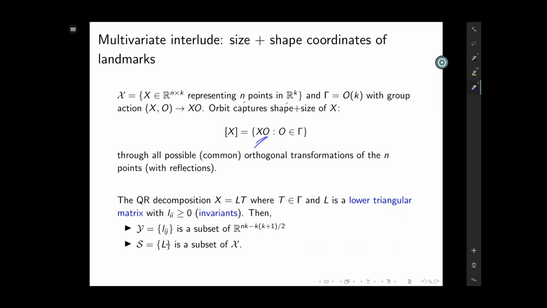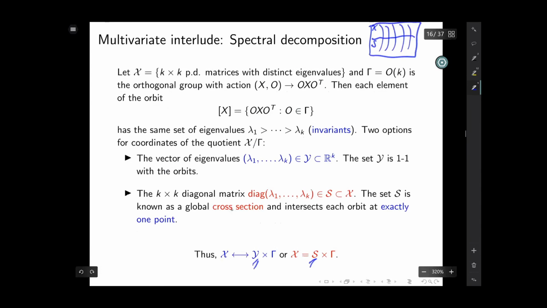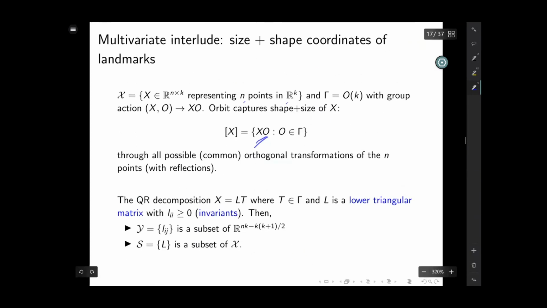Or I can take the matrix itself, the lower triangular matrix, and note that it is a subset of X. And then this S will form a global cross section. So either way, I end up in some sense decomposing the space I started off with into shape space times nuisance space. And that helps me coordinatize the shape space.